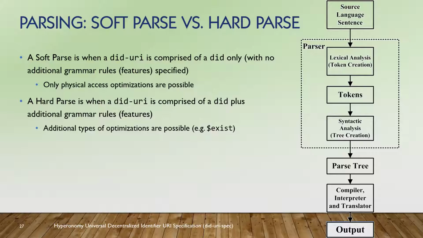A hard parse is when a DID URL is composed of a DID plus additional grammar rules, aka features, such as $exist, $select ID, etc. So again, we have this ability to shortcut when it's a soft parse, and a more laborious route doing interpretation, optimization, and more sophisticated execution.